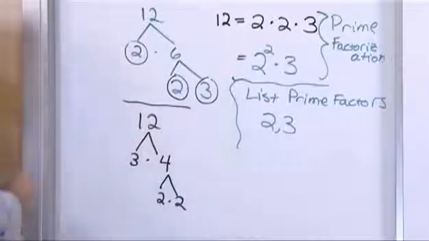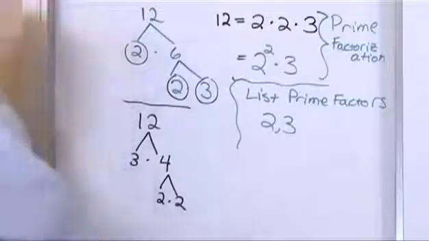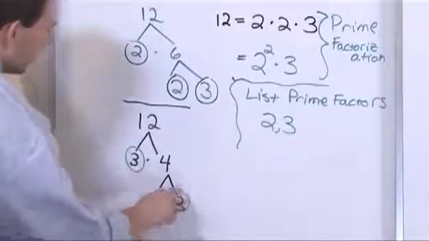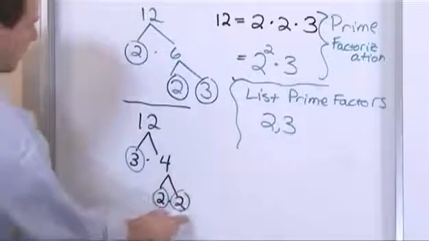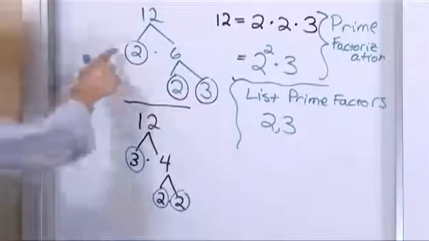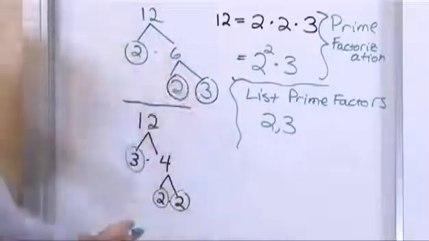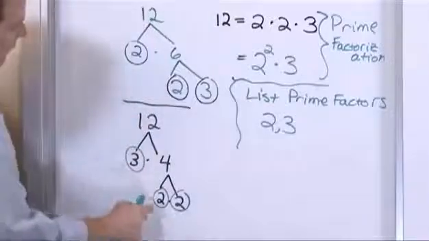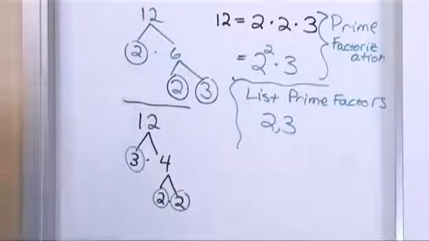Next, I'm going to look at the bottom of the tree. This number counts, this number counts, this number counts. And notice the same numbers appear on the bottom in both trees, and that always has to be true. There are different ways that you might end up getting to the bottom by picking different numbers, but in the end of the day, you will always have the same numbers at the bottom of the factor tree if you've done it right, because it's just the way multiplication works.